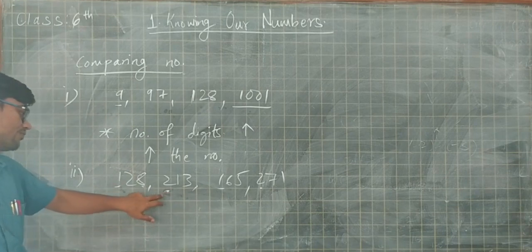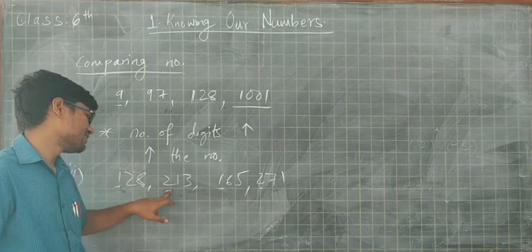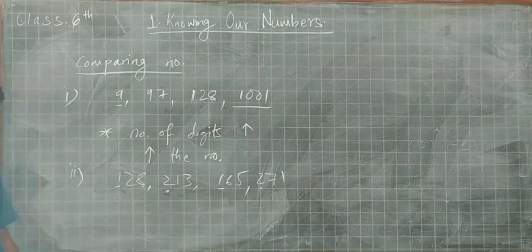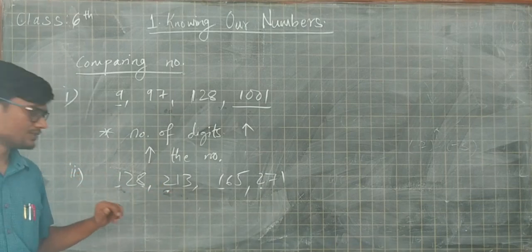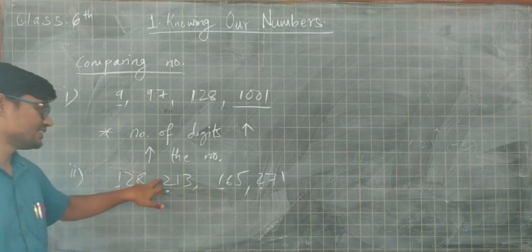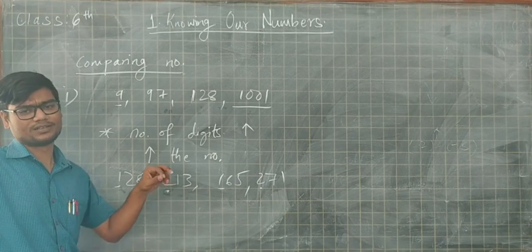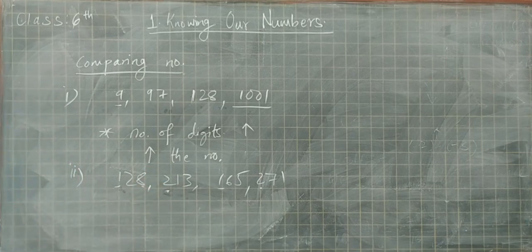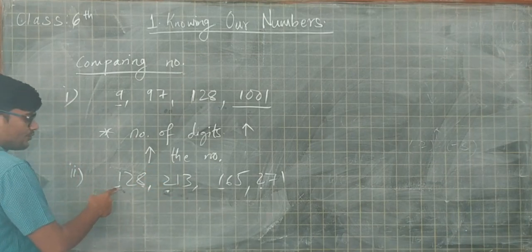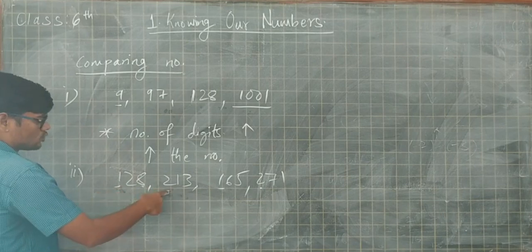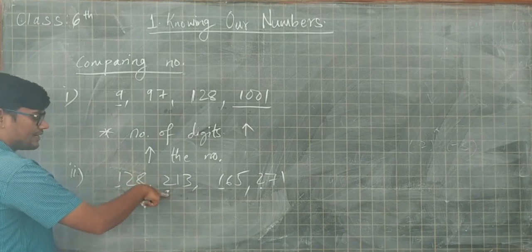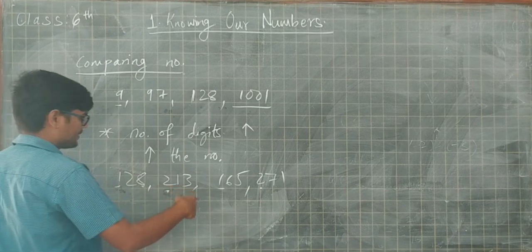So here we can say that greater the digit at the greatest place value, greater will be the number. So here it is 1, this is 100 and this is 2 in hundreds place, therefore it is 213.